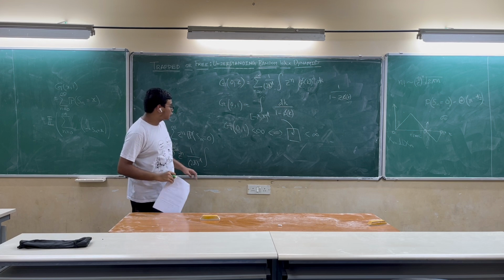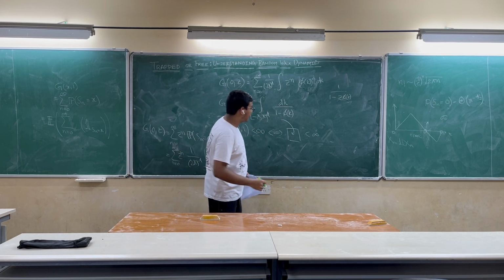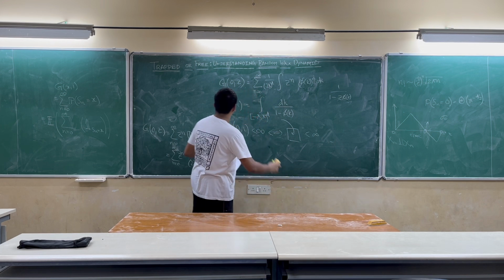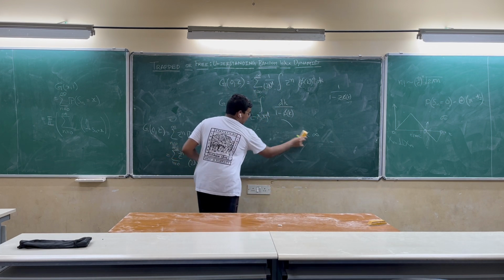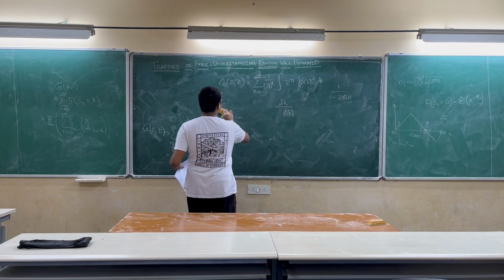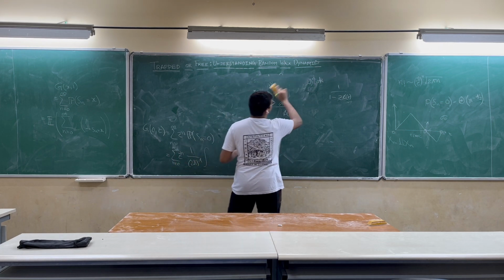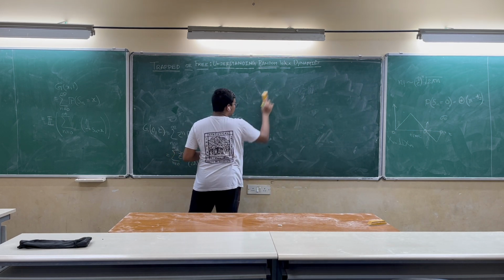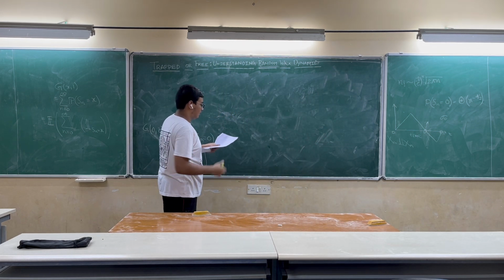And our aim is to show that this big integral is less than infinity for d greater than or equal to 3. So basically for all dimensions equal to 3 or more, the random walk will be transient.